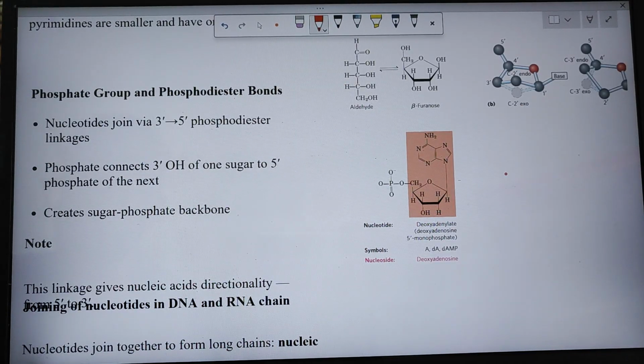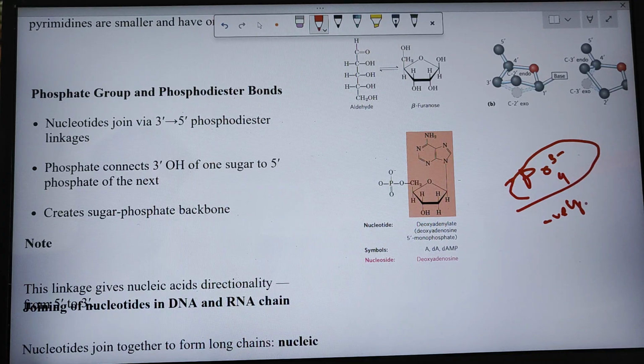Now, coming to the final component of the nucleotides, which is the phosphate, PO4, PO3 negative. This is the last group present in the nucleotides. Phosphate is a negatively charged chemical group.